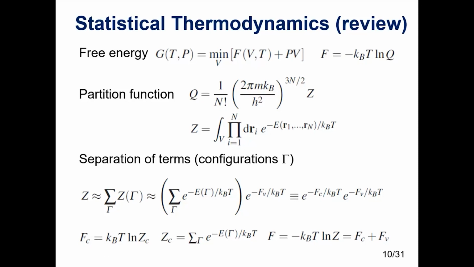So we then make a variety of simplifications that I think of as a separation of terms. We're going to separate the integral into a sum of terms. Here is my sum of terms, and the sum is over a set of configurations enumerated by the variable gamma.